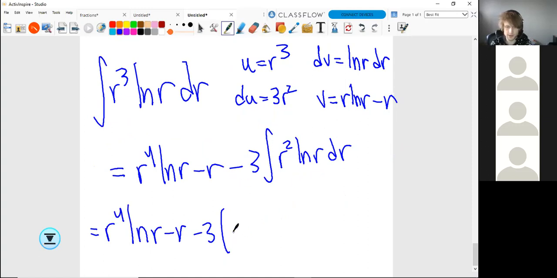So this becomes r cubed ln r minus, this should also be r to the 4th, okay, minus ln r cubed minus the integral r ln r dr.